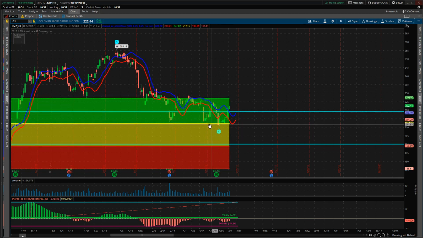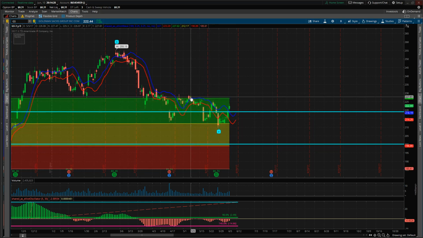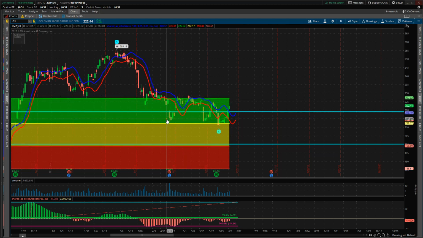Now it's found support, but it's found support a few times here and failed to come out. So a conservative entry here is extremely important, and we wouldn't be entering until we got above these pivots here around 230, just above $230, because it's had a wave 4 here. It's tried to break out, it's failed. It's come down again, it's failed again.